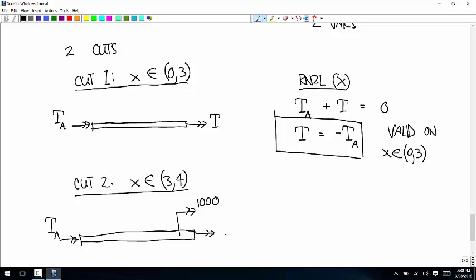And so we have the internal torque T. And the moment equation about the x-axis says TA plus 1,000 plus T is equal to 0.